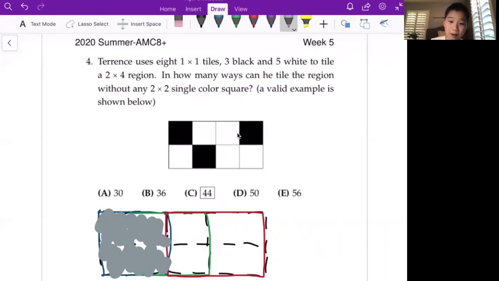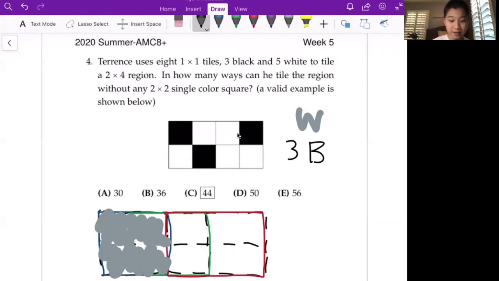So what you're left with is 1 white, because you already used 4, 1 white, and then 3 blacks. So really, if we just put the white somewhere, the 3 other blacks have to go in the other 3 positions.